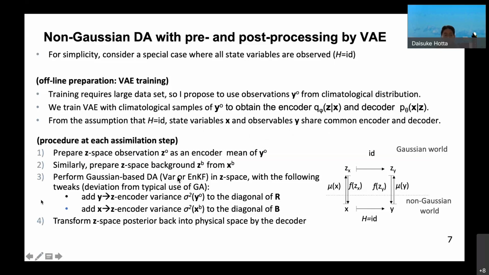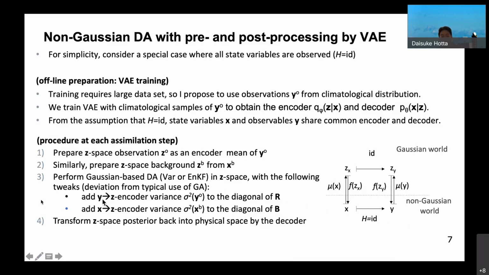Now, at each assimilation step, what we do is to prepare the z-space observation by applying encoder mean to the observation y, and similarly to the background. And then after doing this transformation, we perform Gaussian-based data assimilation in the transformed space, but with the following tweaks.